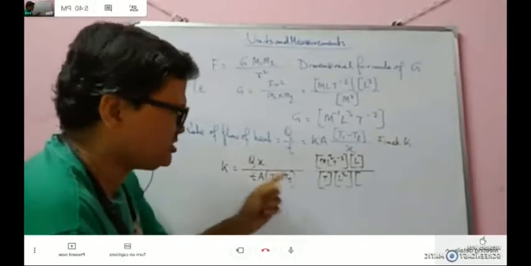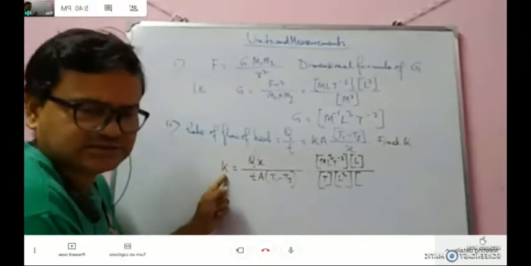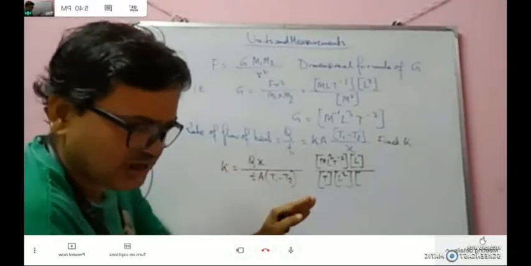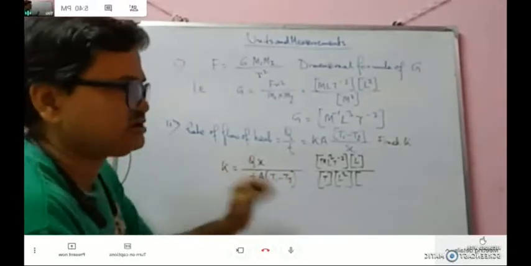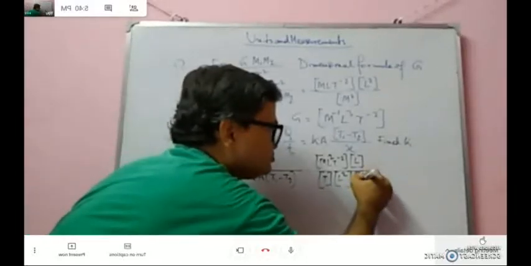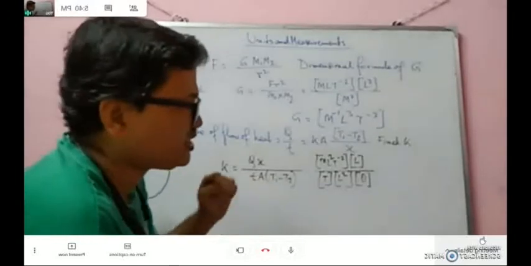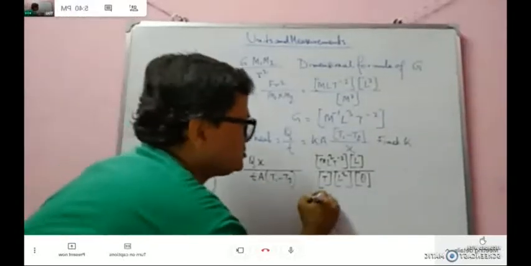So see here, already one K is there. So it is confusing. So to avoid the ambiguity, we are using theta for temperature. So what answer are we getting? Very easy.